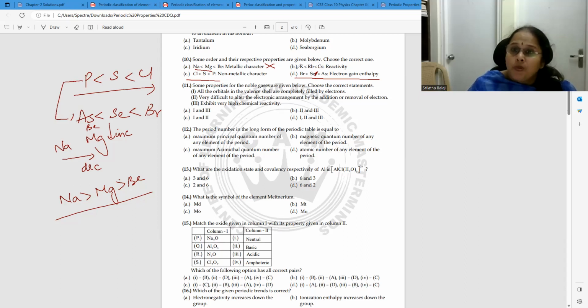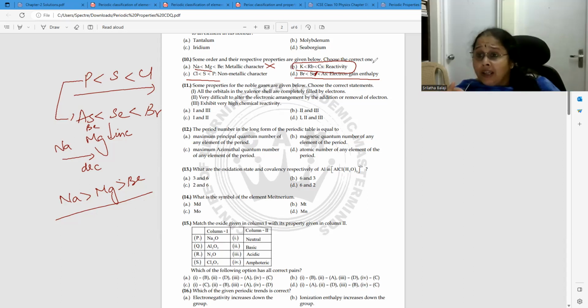So now, option B. What do you mean by reactivity? When it comes to reactivity, understand this. With respect to metals, reactivity means electropositivity. With respect to non-metals, reactivity means electronegativity. Keep that in mind, always.